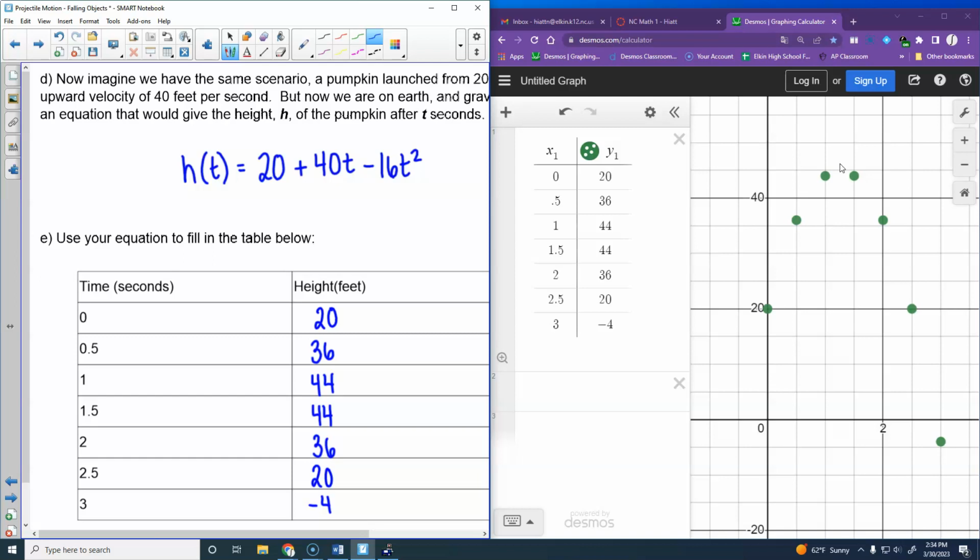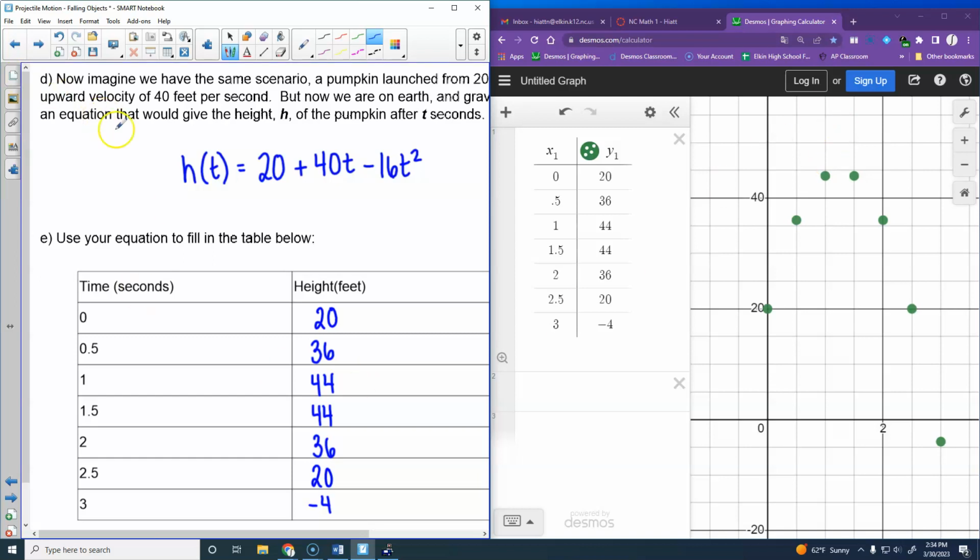And then it comes back down, right? It slows down as it's going up. And then it stops momentarily for a not measurable amount of time, right? It stops and turns around. And then it speeds up as it comes back down.